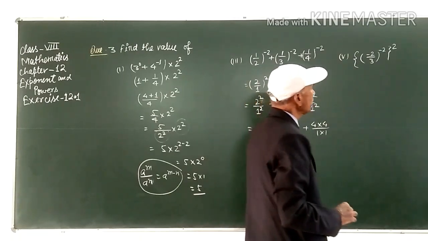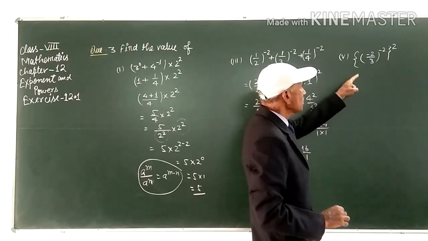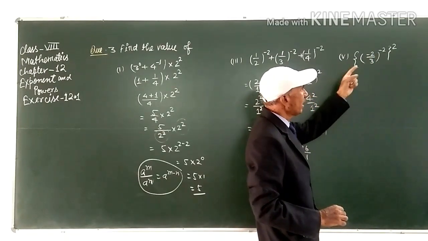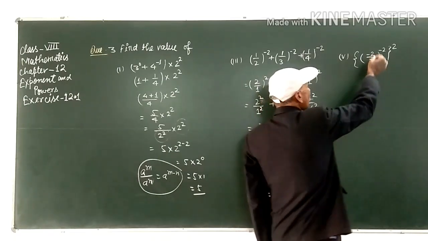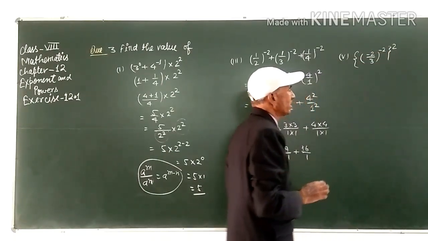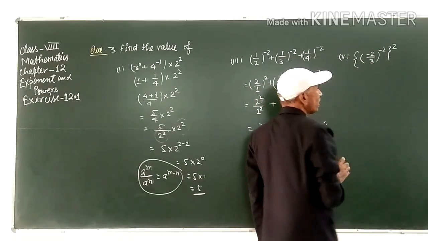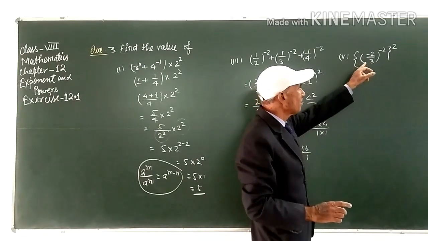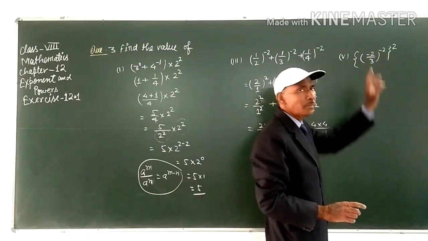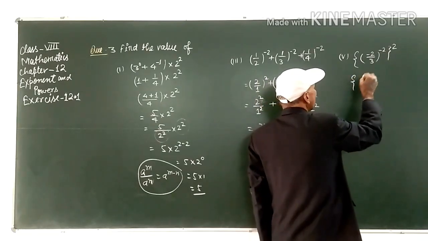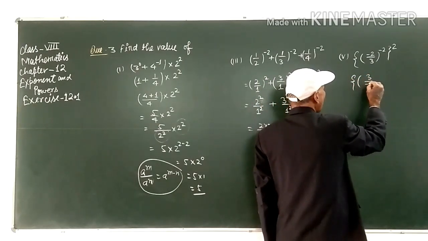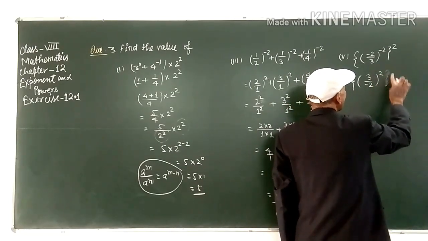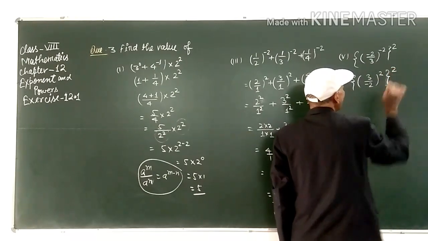And fifth part of this question, that is -2/3 to the power -2 and whole power, that is 2. So first of all we have to change this in positive exponent students. पहले हम इसको पॉजिटिव एक्सपोनेंट्स में चेंज कर लेंगे स्टूडेंट, and we have to write the multiplicative inverse of this number to make the exponent positive. So it will be this one 3/-2 to the power 2 and whole power, that is whole power 2.